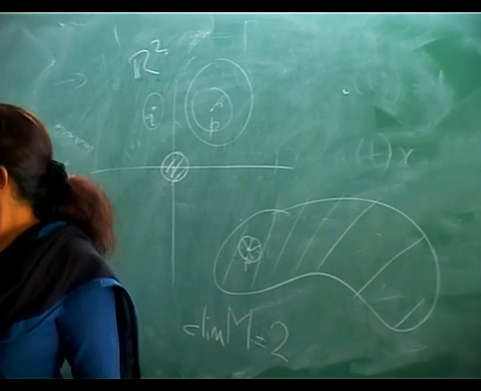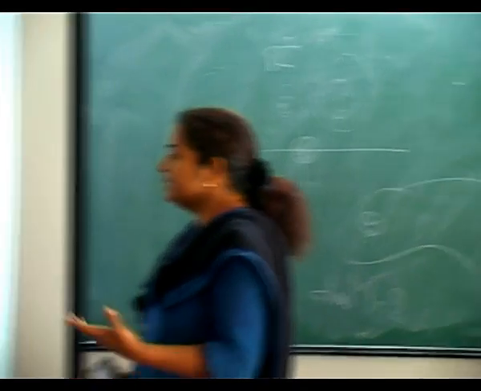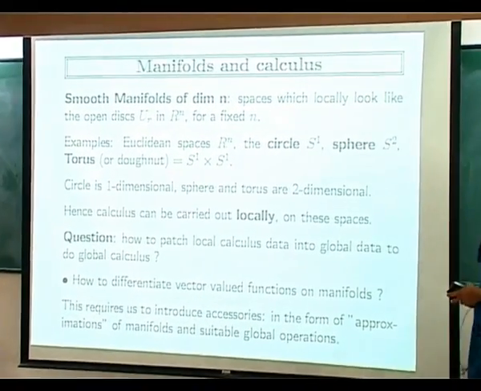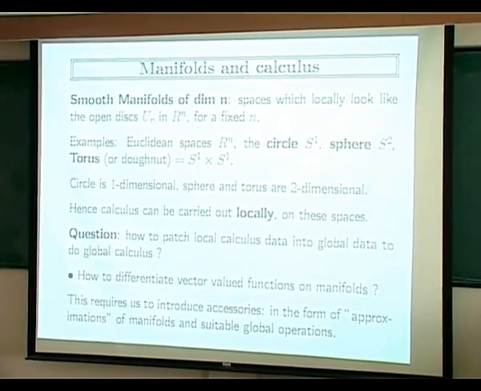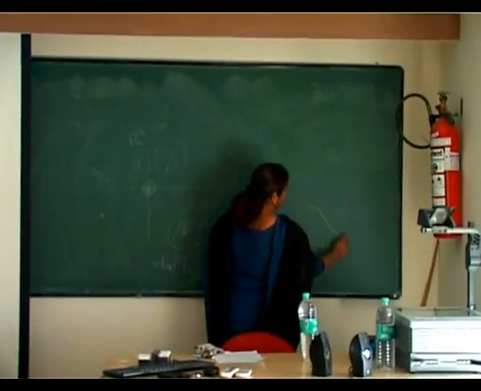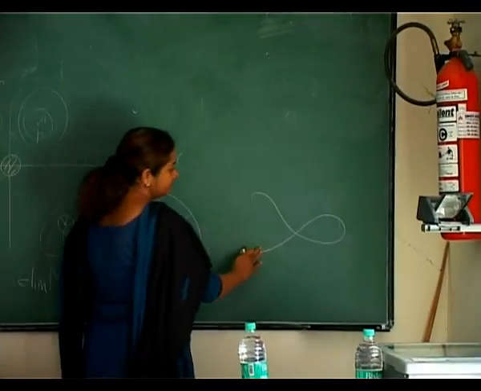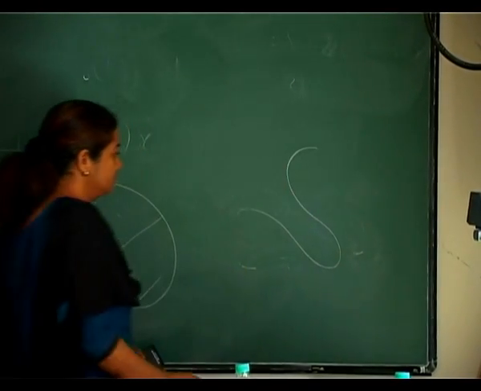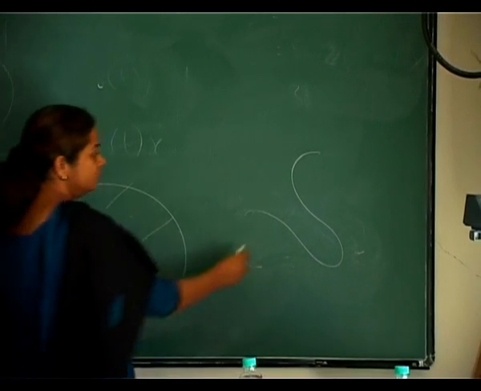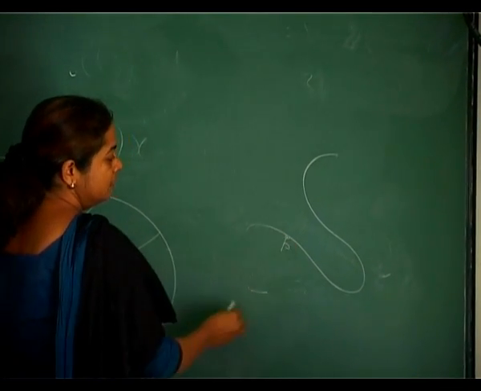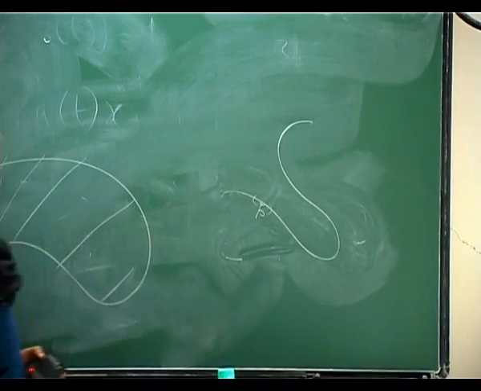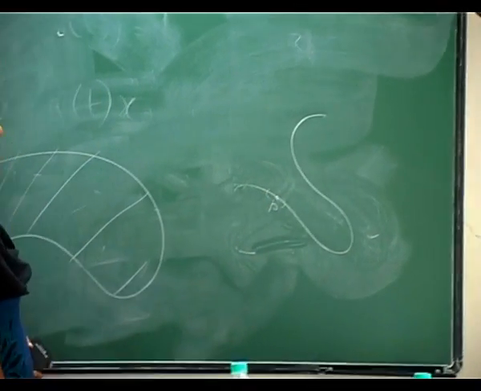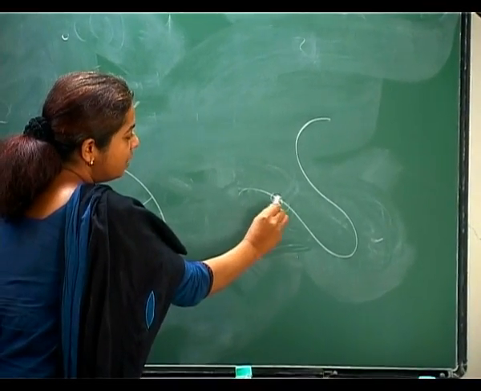When we require such a condition, we get an invariant which helps us to distinguish topological spaces. For example, if I take a topological space which looks like something like this, here also you will see that if you take any point P, it has some open neighborhood which looks like these open arcs.